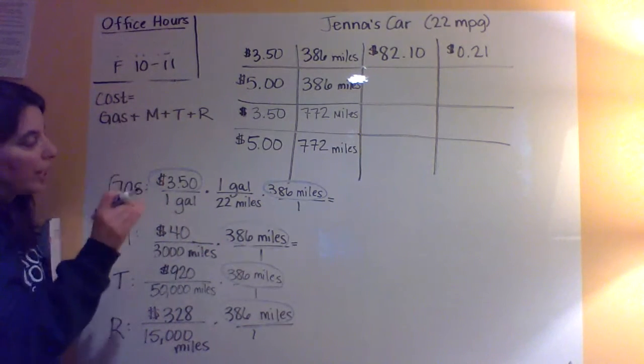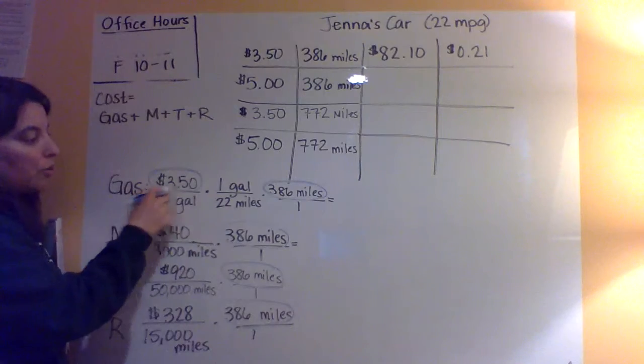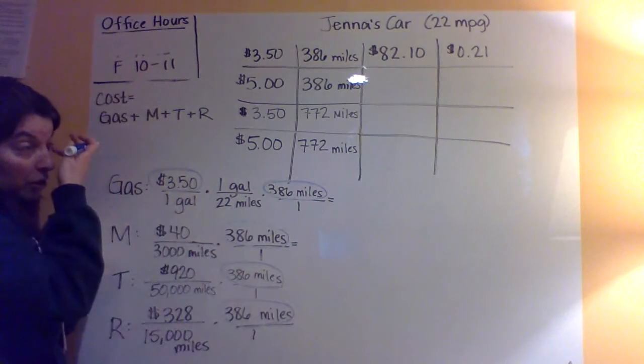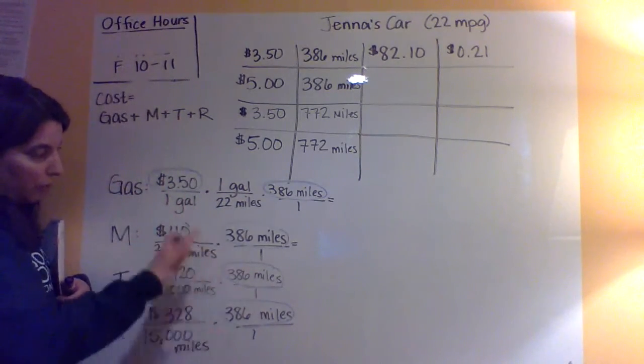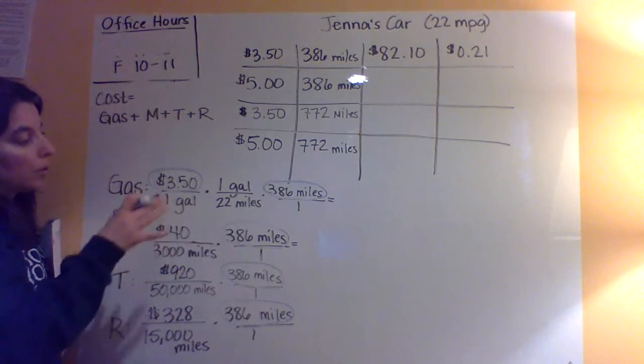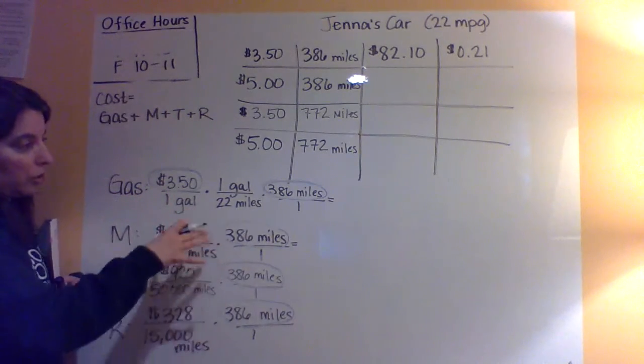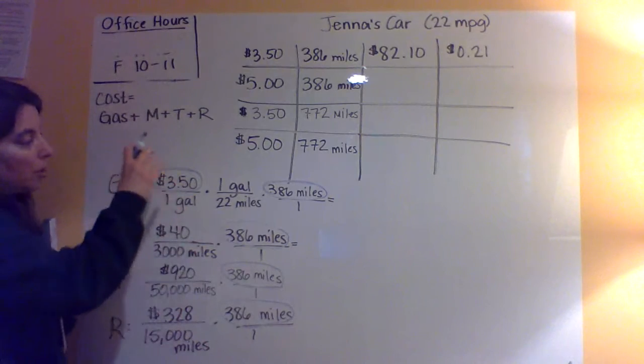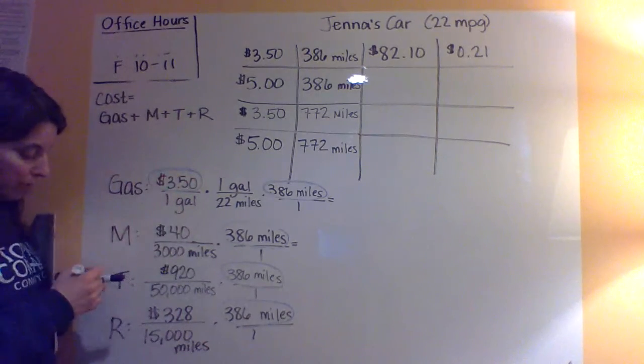What changed in the second row is the gas price. So these, once I figured those out, I'll put up the amounts from last time. Those are all going to be the same. In this case, just the gas price is different.